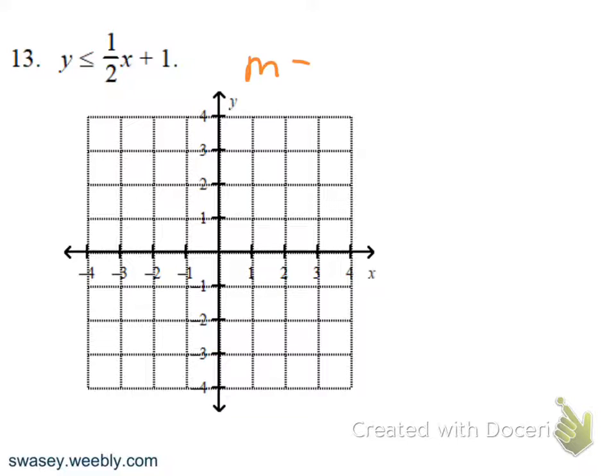Here we have a slope of 1/2, y-intercept of 1. Plot a point at 1 and then go up 1 to the right 2. This one will be a solid line because of or equal to. Less than you shade below.